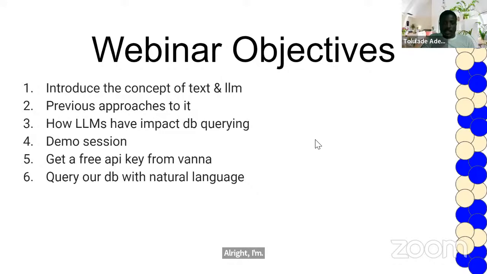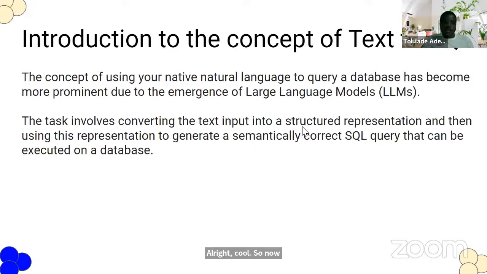So now, as a bit of introduction, the concept of text to SQL. Now, the concept of using your native natural language with databases has become more prominent. This is due to the emergence of large language models.